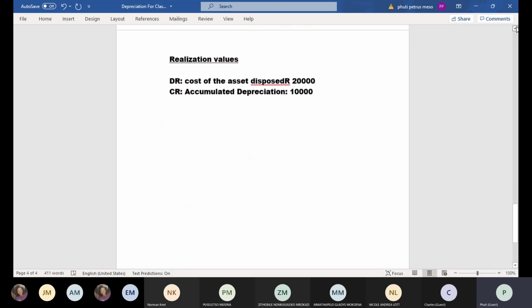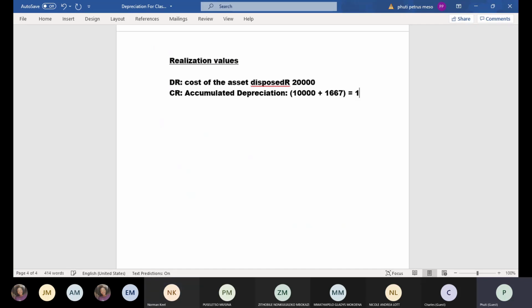Then your accumulated depreciation will be plus 1667. So the total would be, I think Norman, you got it right, but you just put it on the wrong side of the T account. Yeah, looks like it. So you're going to say 10667. So there's going to be your total accumulated depreciation of the sold vehicle.